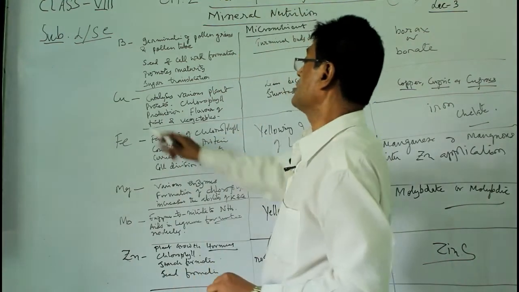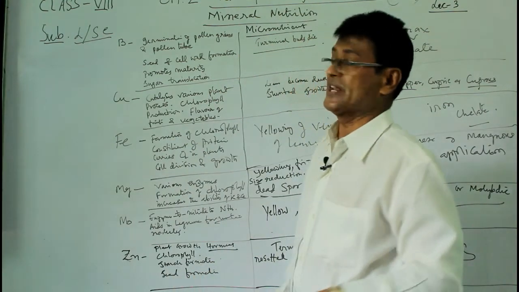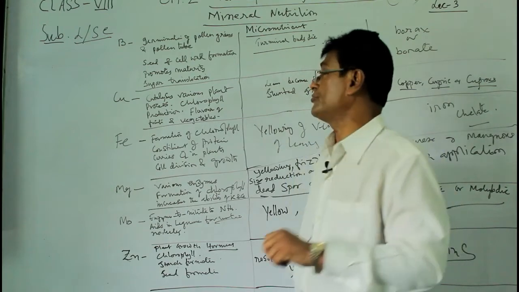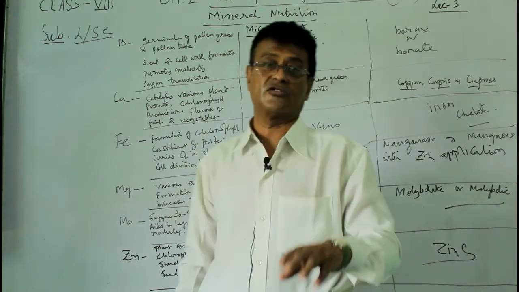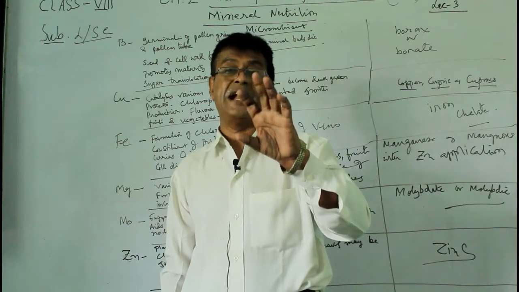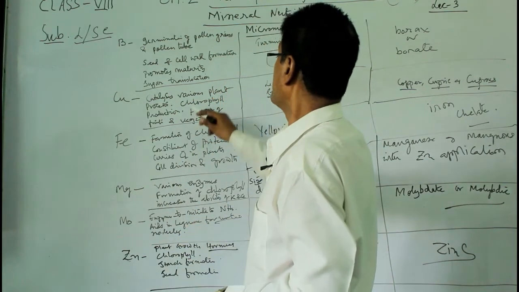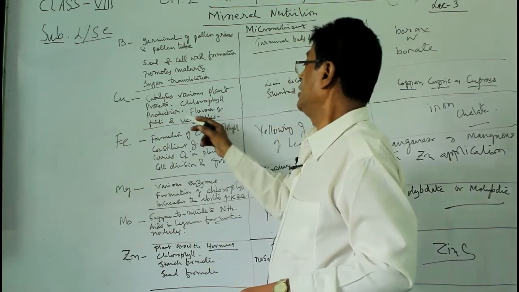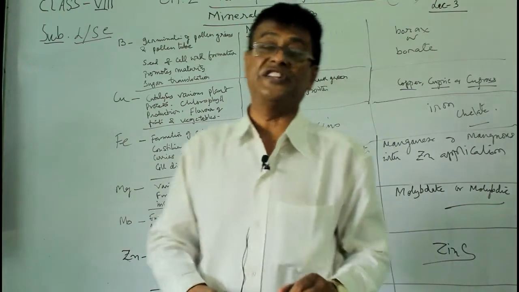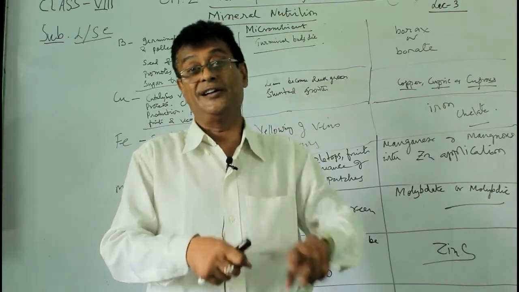And next is copper. Copper is also a micronutrient, and it catalyzes various plant processes. Chlorophyll production is helped by it. The flavor of the fruits and vegetables is given by copper.